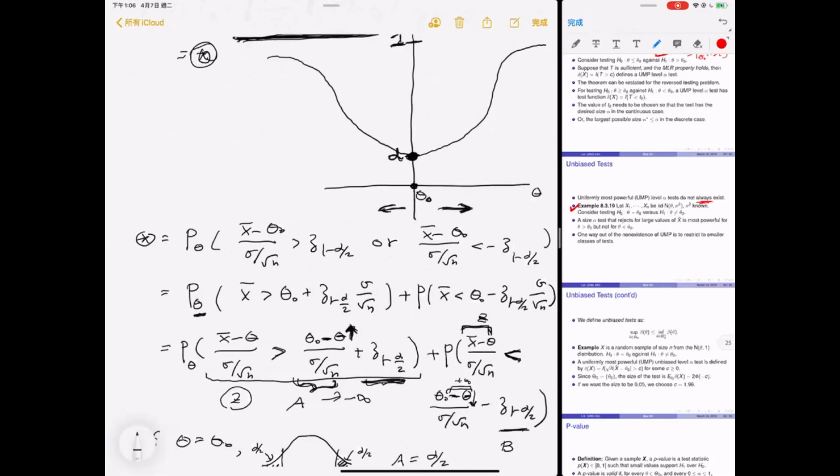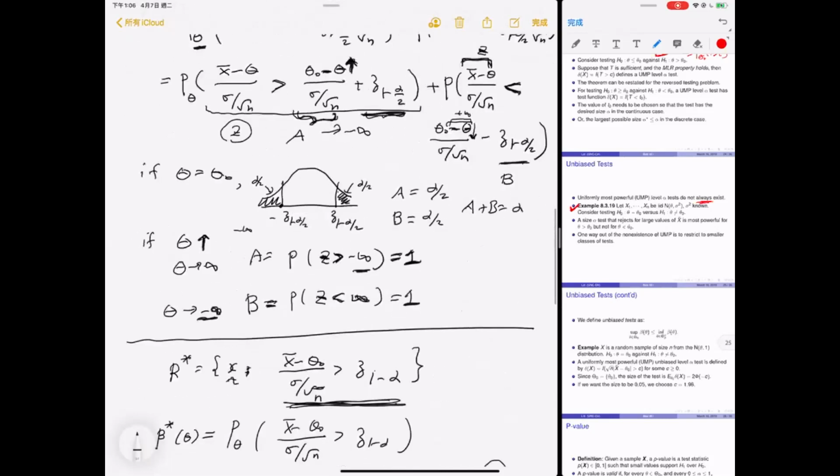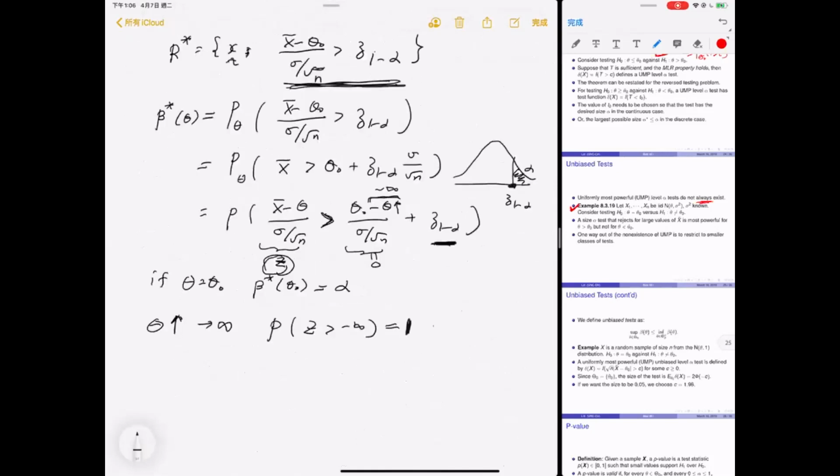Okay, I will just stop right here a little bit. Let me talk about theta becoming smaller. It means theta goes to minus infinity. What happens?